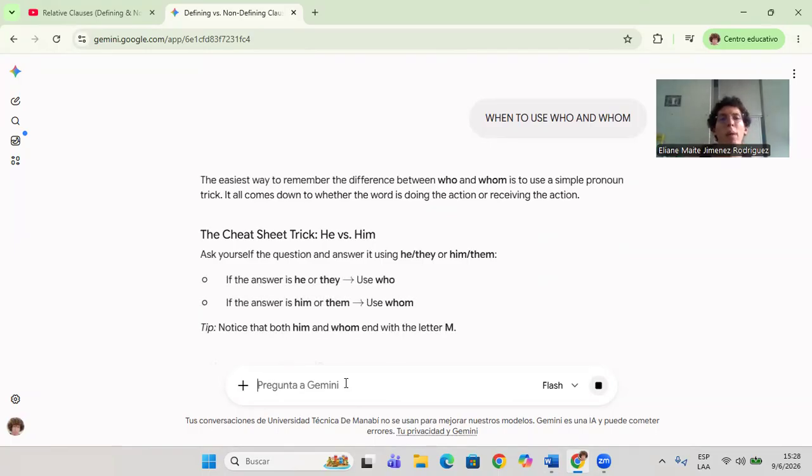The easiest way to remember the difference between who and whom is to use a simple pronoun trick. It all comes down to whether the word is doing the action or receiving the action. Ask yourself the question and answer it using he, they, or him, them. If the answer is he or they, use who. If the answer is him or them, use whom.